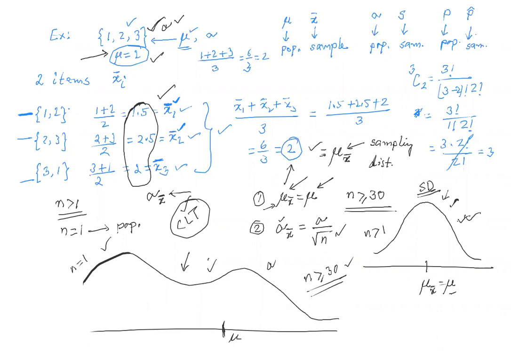The conclusions are these two. Mu sub x bar, that means the mean of the sampling distribution, is the same as the mean of the population. And sigma sub x bar, that means the standard deviation of the sampling distribution, is the standard deviation of the population divided by the square root of the sample size, which is square root of n.